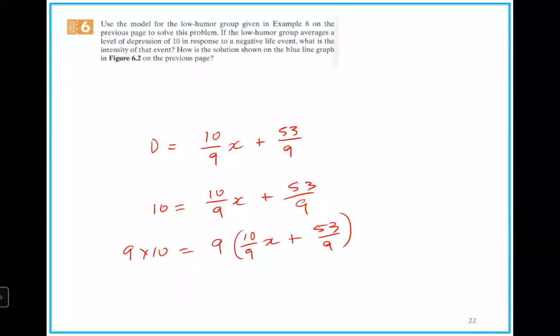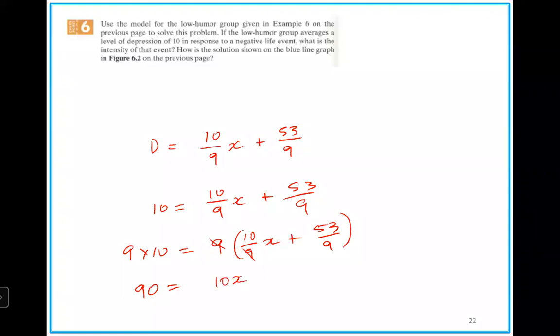Okay. So 9 times 10 is 90. And then when we deal with this aspect of it, we have to multiply everything in the bracket by the 9. So 9 into 9 is 1, and 1 times 10 would give you 10x.